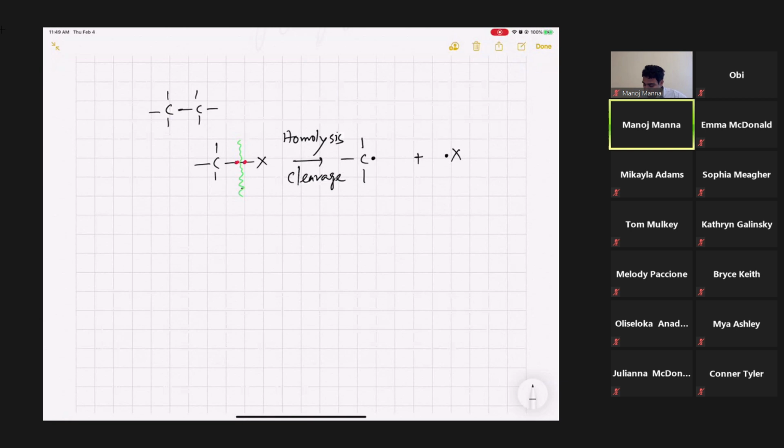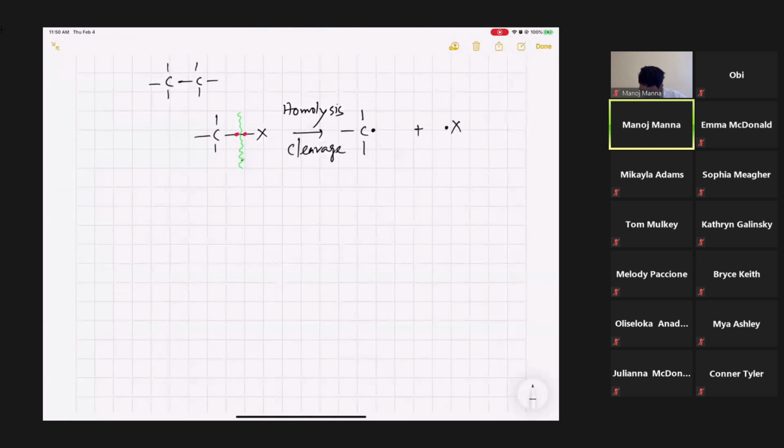Now if we have the other way, let's say carbon and here X, again you have 2 electrons. We know that one covalent bond, either pi or sigma, is 2 electrons. Now if we break it in the other way, like this, then what do you get?